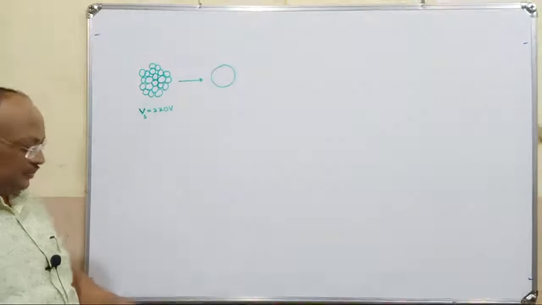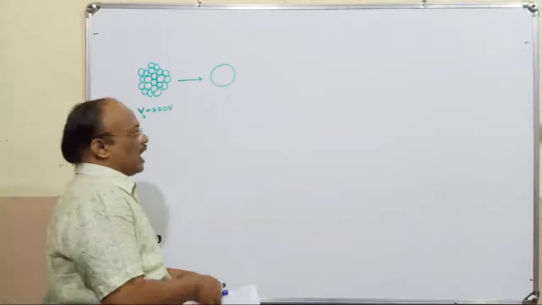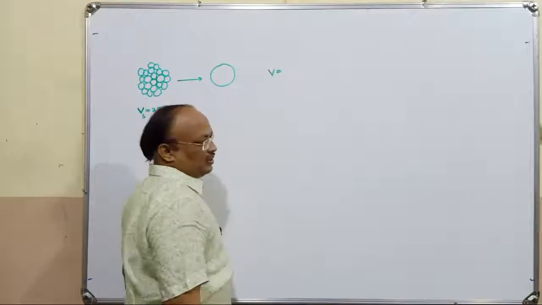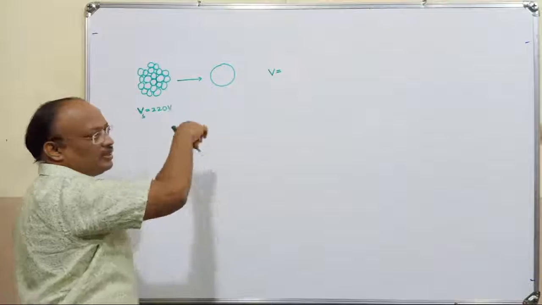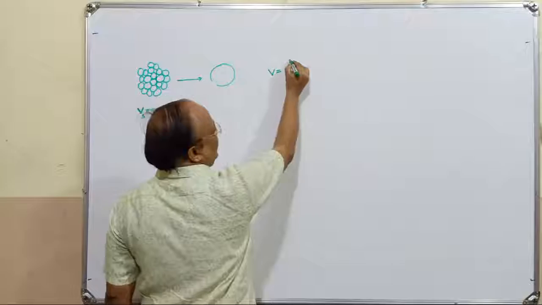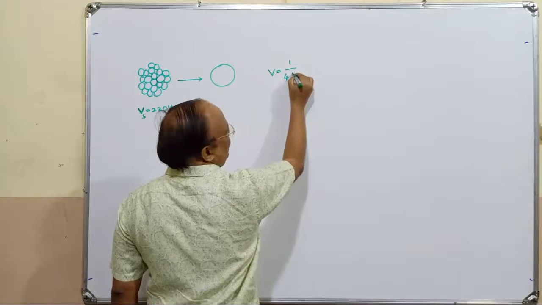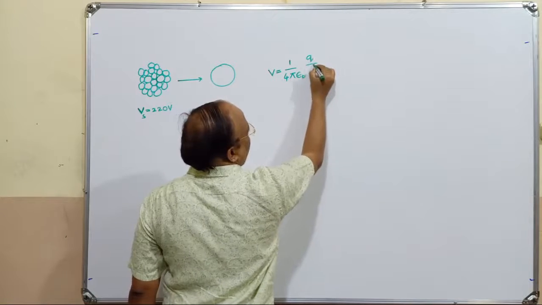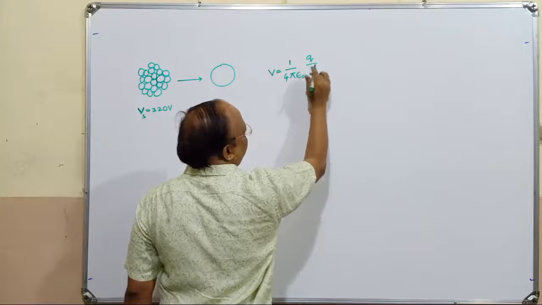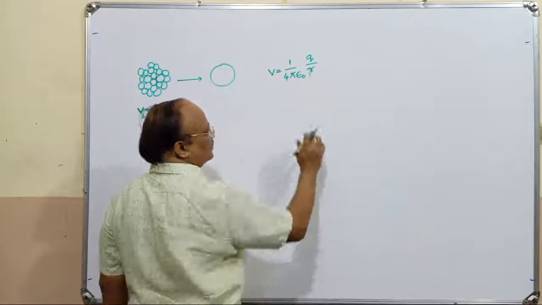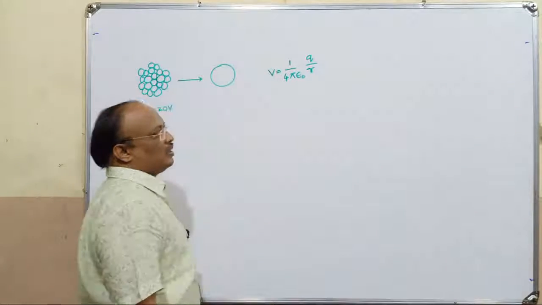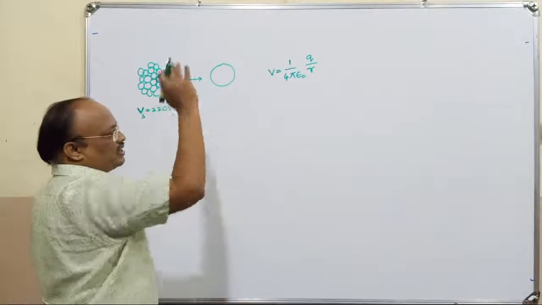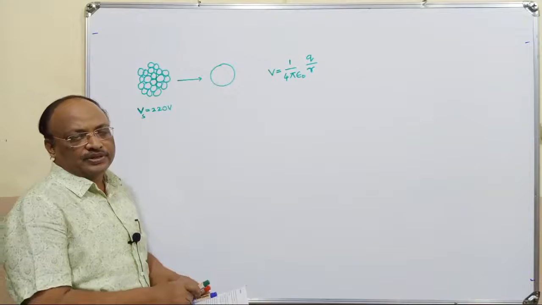So here, our expression for the potential of a spherical charge is 1 by 4 pi epsilon naught Q by R. So what is the charge and what is the radius of it?